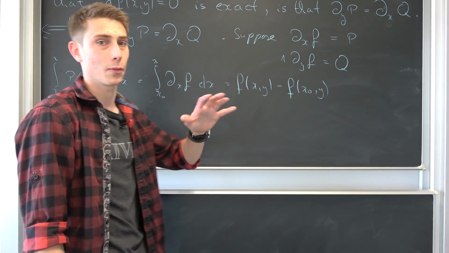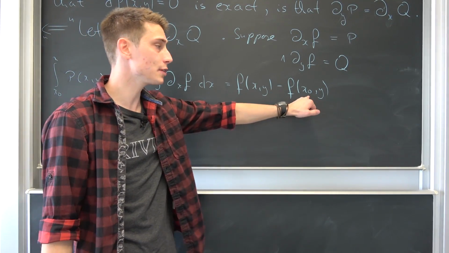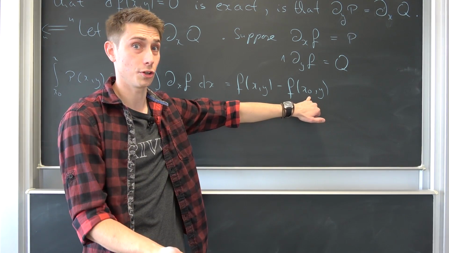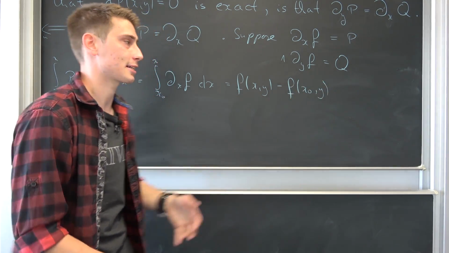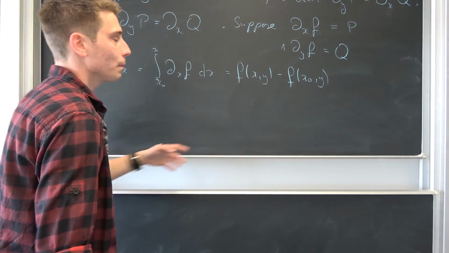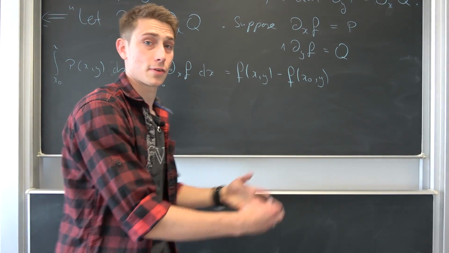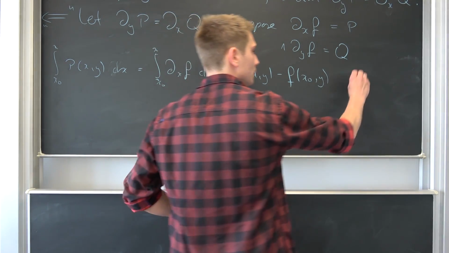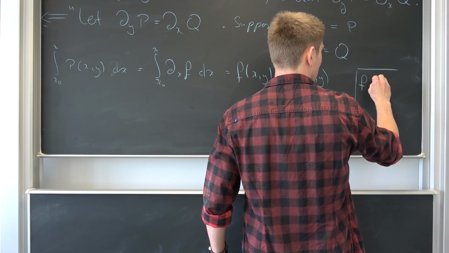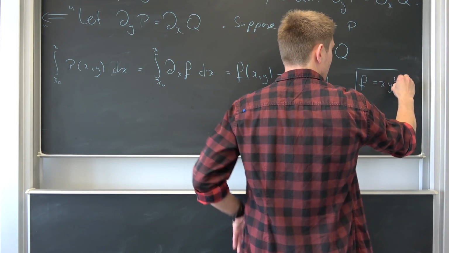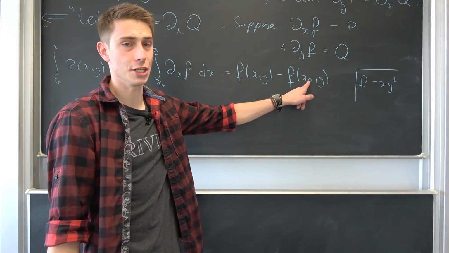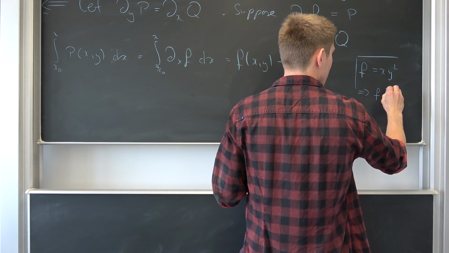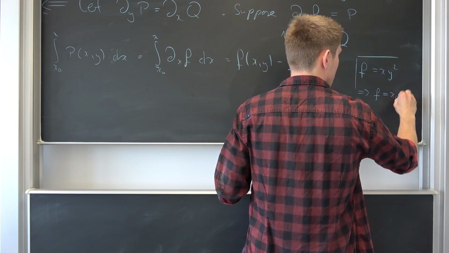And like I said, we want our initial values to hold. And this thing right here is part of our simply connected region. It's just a certain coordinate, x0 and y. Now, I want you to notice, if we have this function from before, f of x comma y equals x times y squared, what happens if we plug in our initial value, x0? Well, then that thing is going to be x0 times y squared.